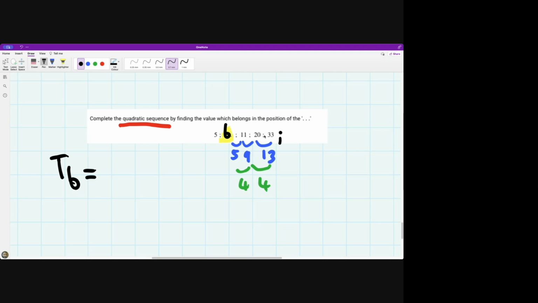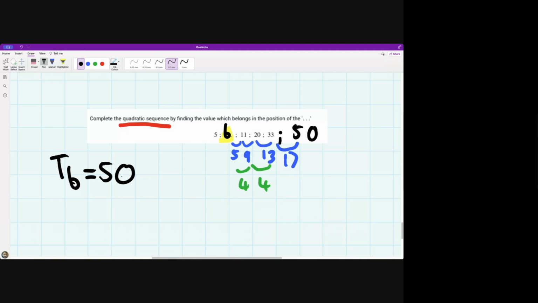What is T6 going to be? Well, this is where I think our first difference is going to be super helpful. I think that if I add 17, my T6 is going to be equal to 50.